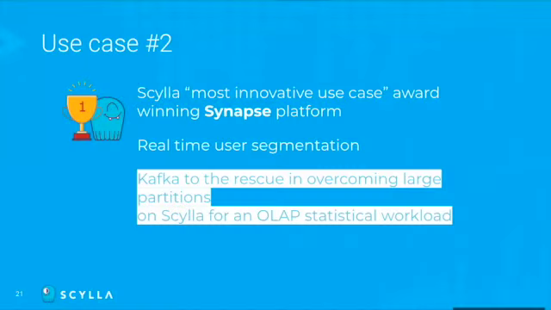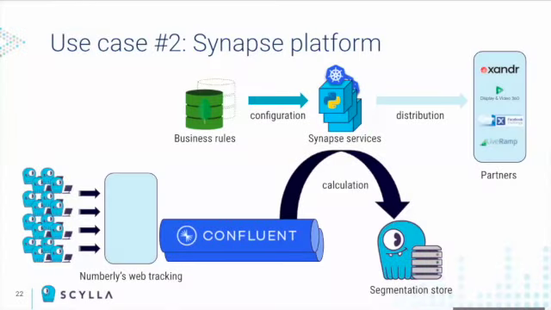Second use case. Here we'll dig into Scylla's award-winning most innovative use case, Synapse. Next slide, please. So what is Synapse? Synapse is our core marketing segmentation engine leveraging Kafka and Scylla. In brief, we gather different data flows that are sourced in Kafka.